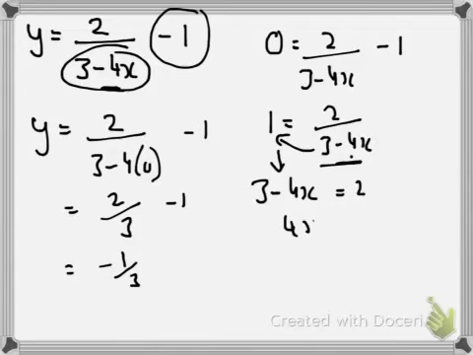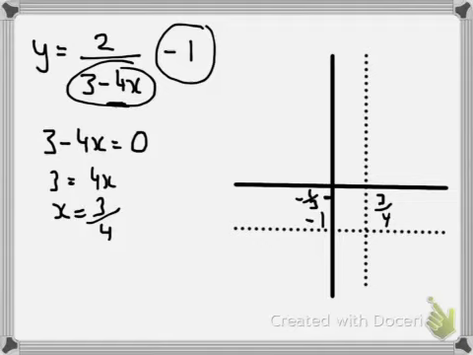Take the 4x to that side, we get positive 4x. Take the 2 over, we get 3 minus 2 equals 1. So x is going to be 1/4. So our x-intercept's about there, 1 on 4.